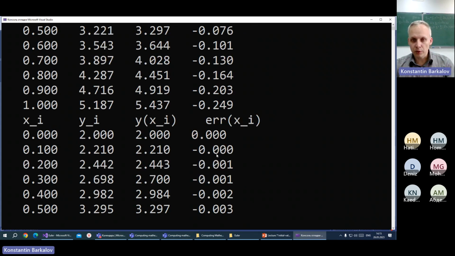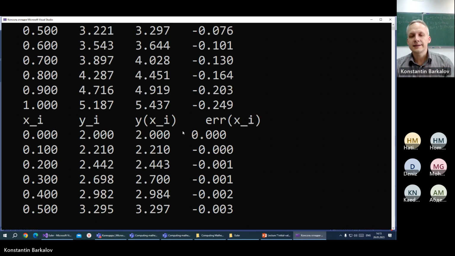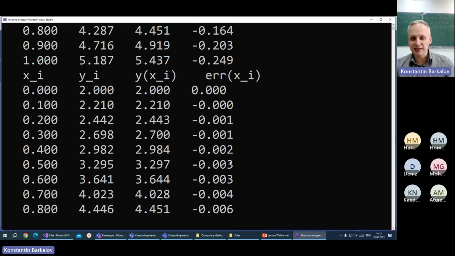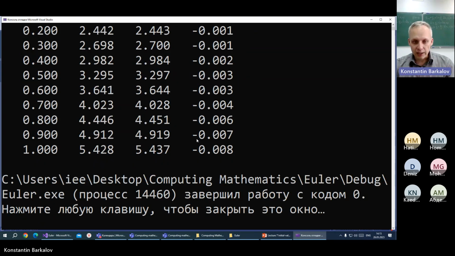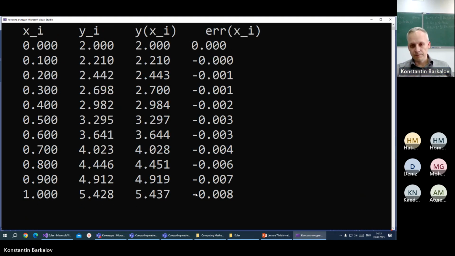But what will we see for the second order method? The error of computations also becomes larger and larger. But you see that at the final point, this error is much smaller than the error of Euler's method. Much smaller. 0.008.